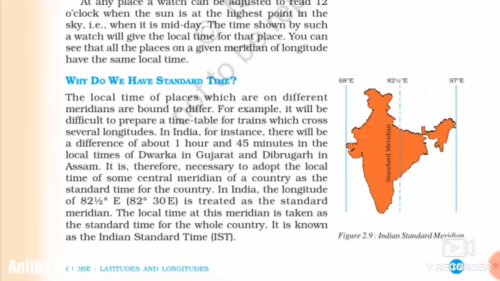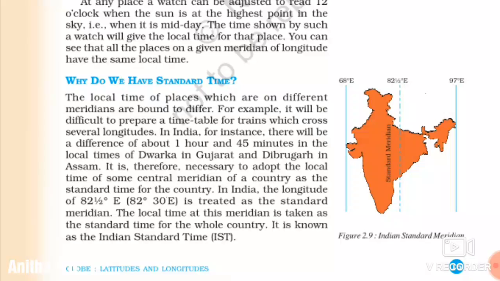In India, for instance, there will be a difference of about 1 hour and 45 minutes in the local time of Dwarka in Gujarat and Dibrugarh in Assam. It is therefore necessary to adopt the local time of some central meridian of a country as the standard time for the country. That's why we have standard time.